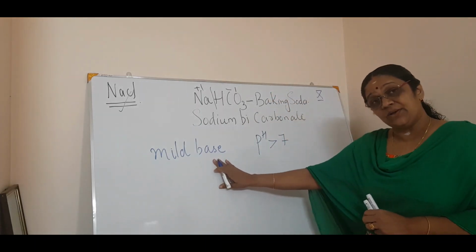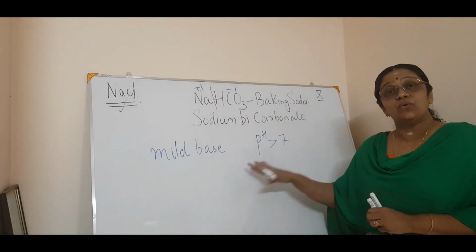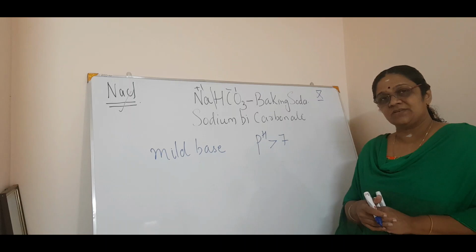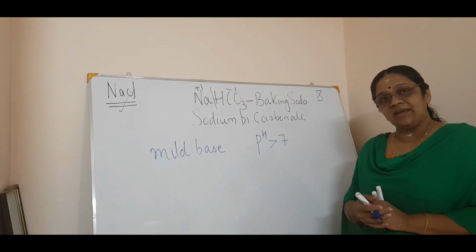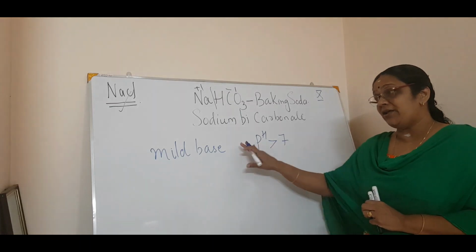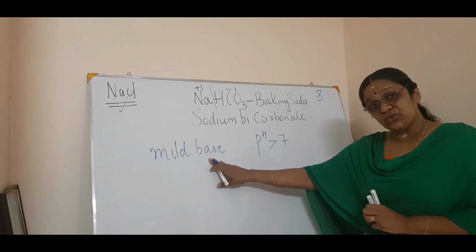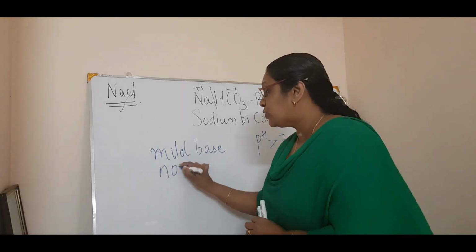And that is the reason why sodium bicarbonate or baking soda can be used in antacids. You know, for relieving pain in the stomach, we have antacids. So, in order to manufacture antacids, since it is a mild base and also non-corrosive in nature.